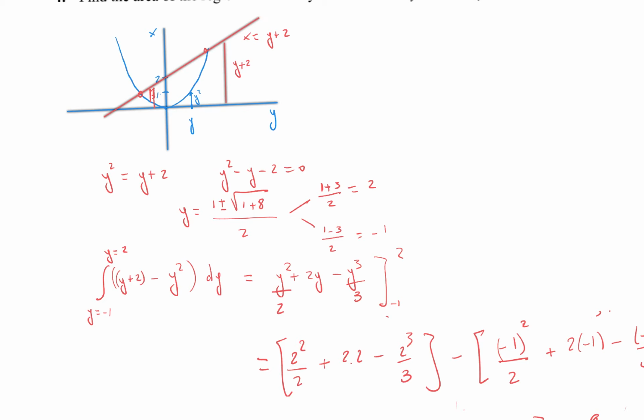So x equals y squared is this curve. And what is x equals y plus 2? X equals y plus 2: take the number 3 and put it in the 5. Okay? These are the two curves.